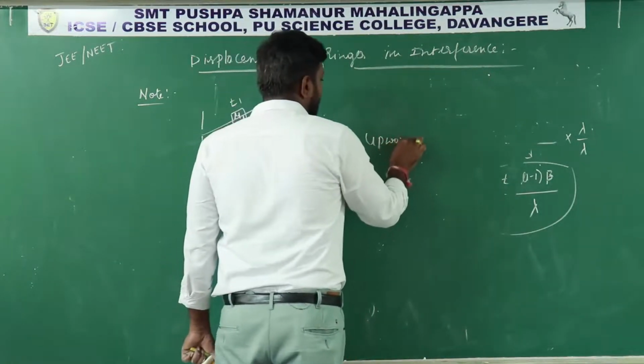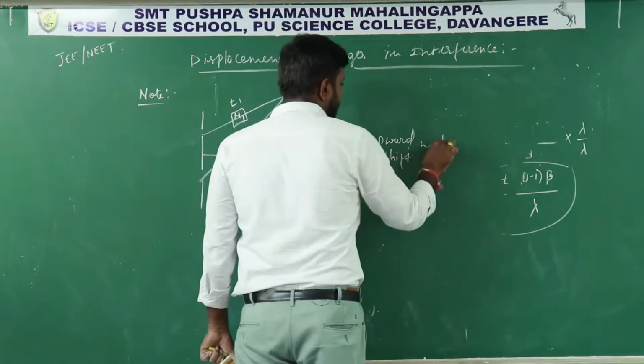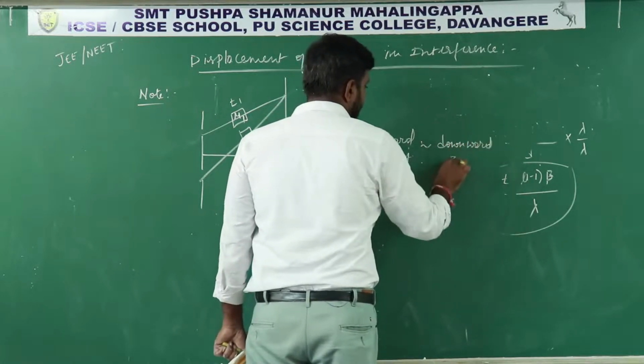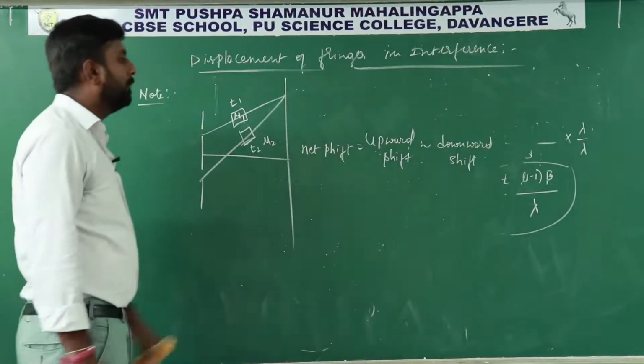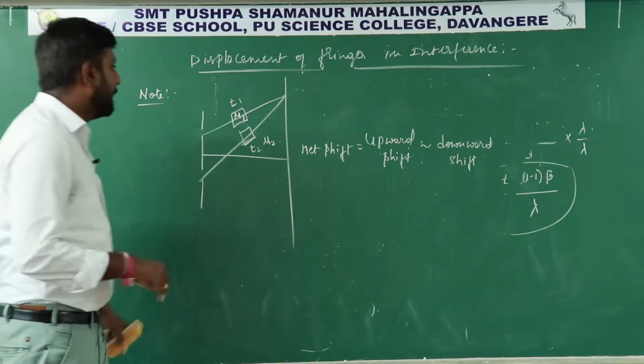Then the net shift formula is upward shift, difference, downward shift. Like this we have to find the upward shift difference. We have to see which value is greater, then we have to subtract.